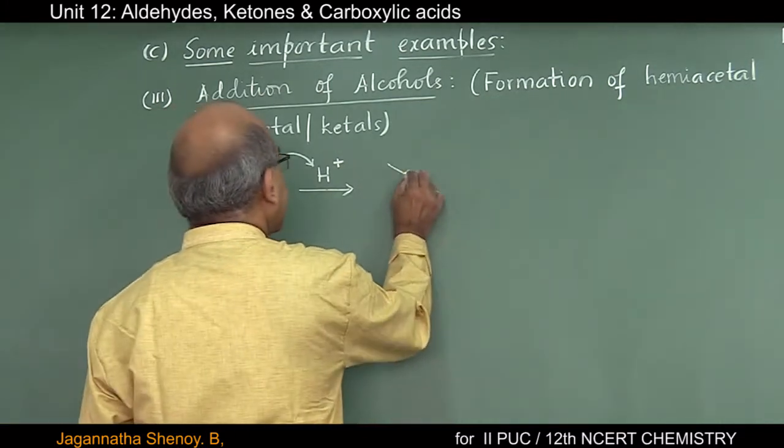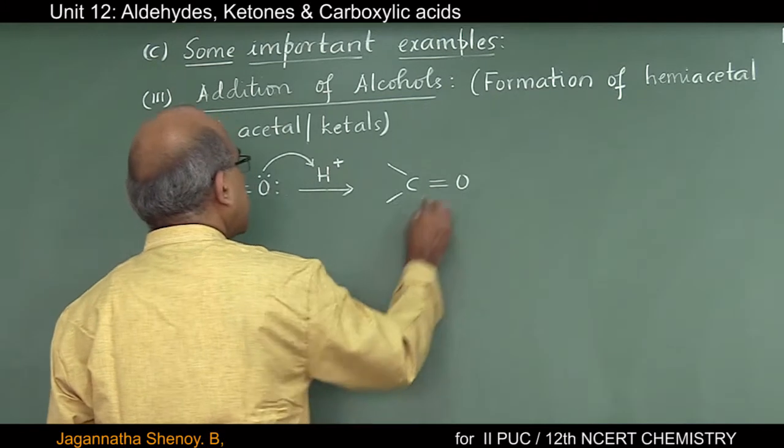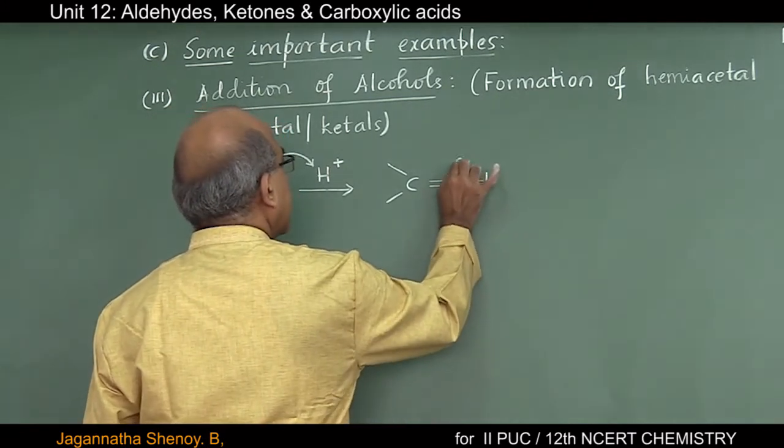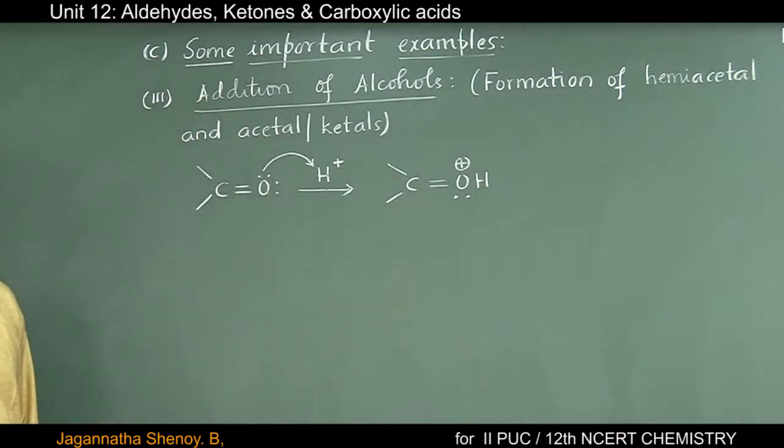So what we get is this species, you have a double bond, and oxygen forms a bond with H plus. That is why on oxygen you should have a positive charge.